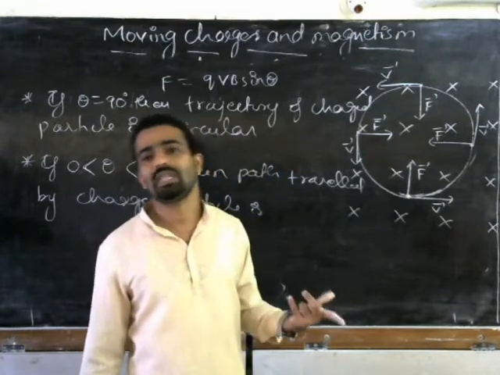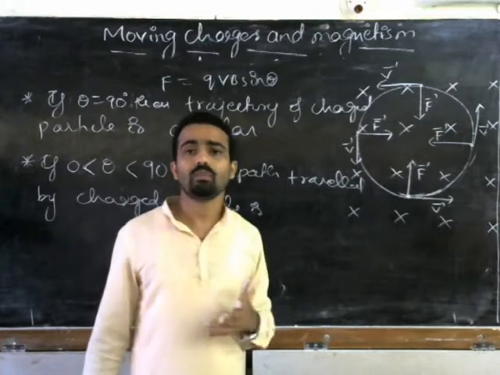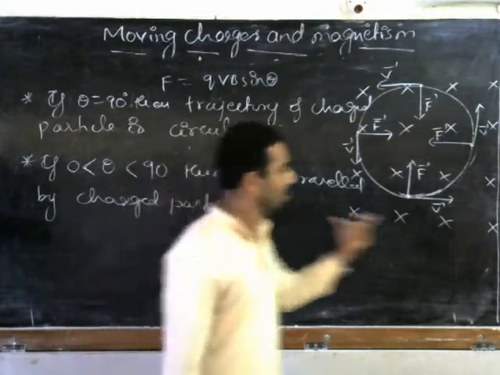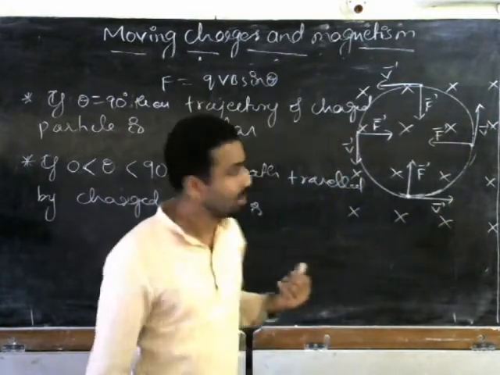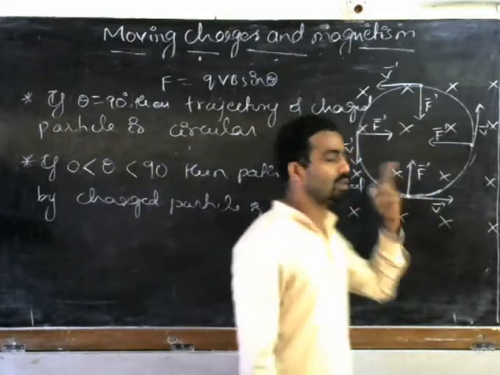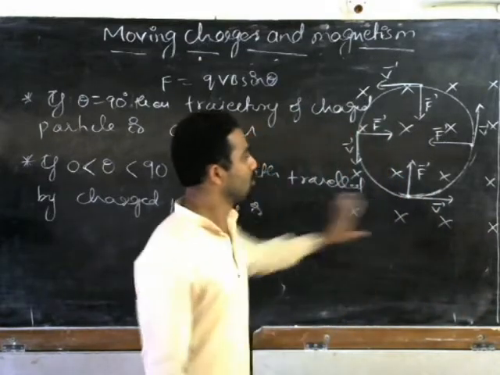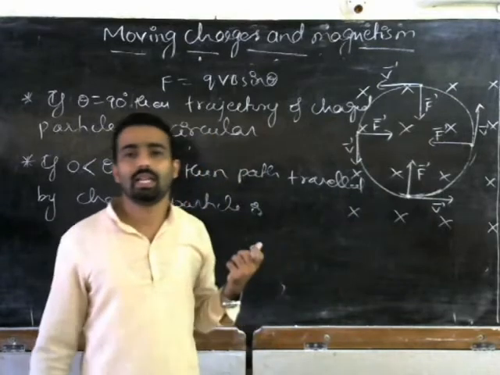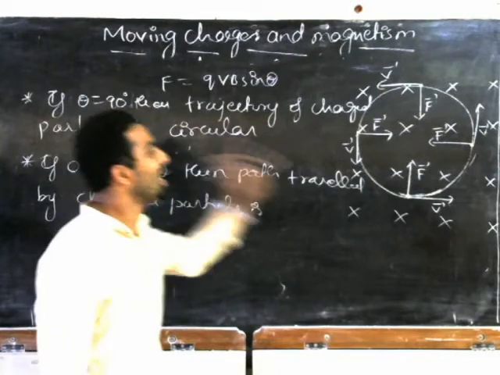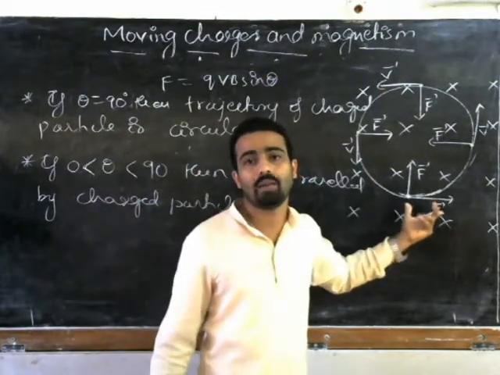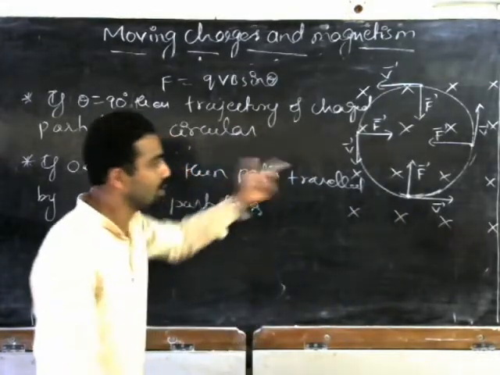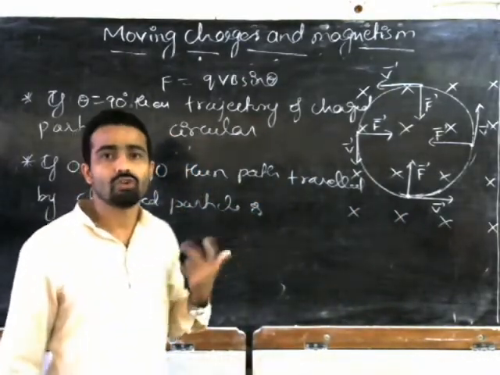So the magnitude of velocity is not changing, but the direction of velocity is changing. That is why this particle will have acceleration. In other words, this force will accelerate the charged particle, but it doesn't change the value of the velocity. This knowledge you should know.